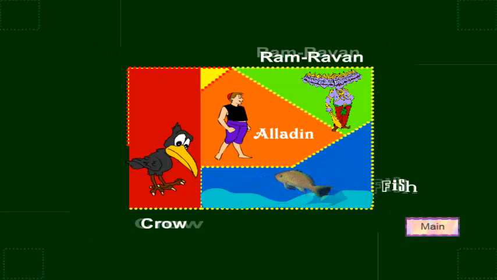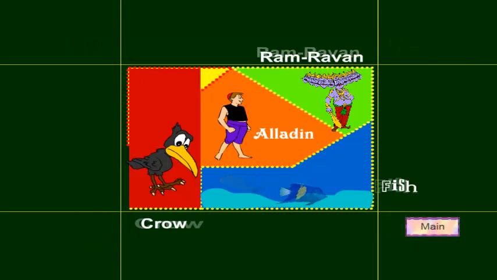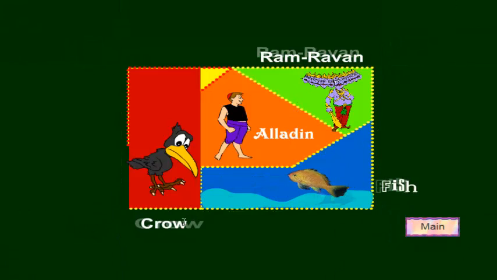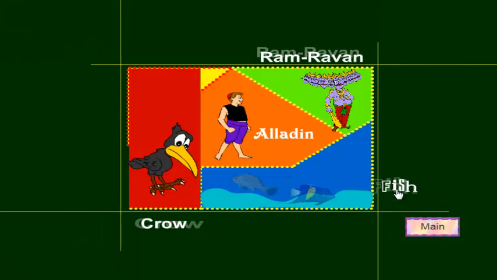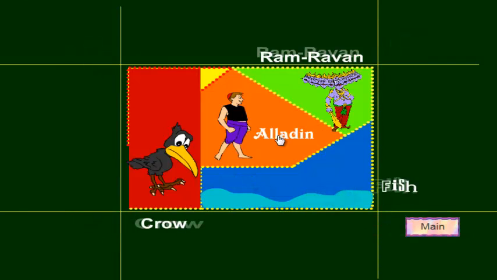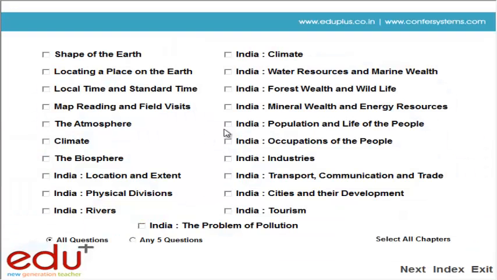For these standards, the games selected are Ram Ravan, Aladdin, Crow, and Fish. For example, we see the game Aladdin. Here, all topics are given. Also friends, we are covering the whole textbook of geography.